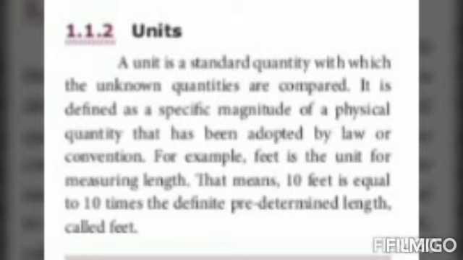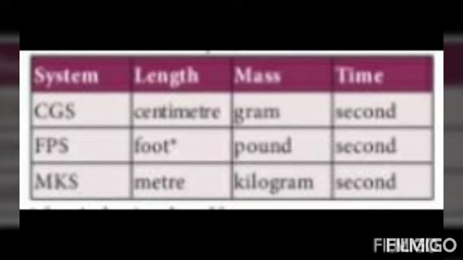Definition for units. A unit is a standard quantity with which the unknown quantities are compared. Once again, the definition: a unit is a standard quantity with which the unknown quantities are compared. Earlier, different unit systems were used by people from different countries.